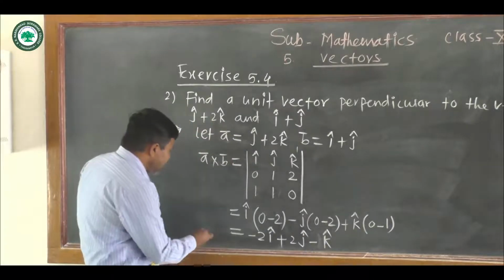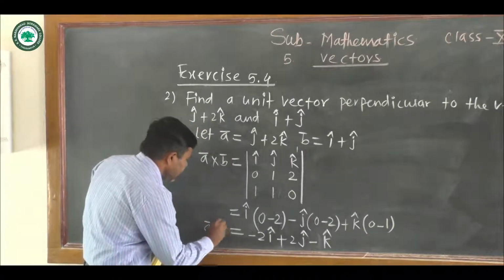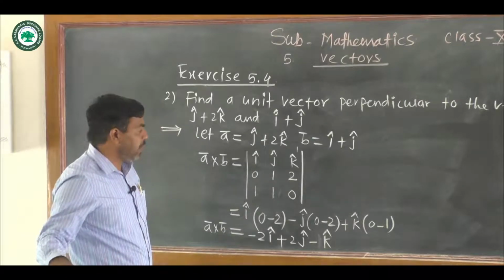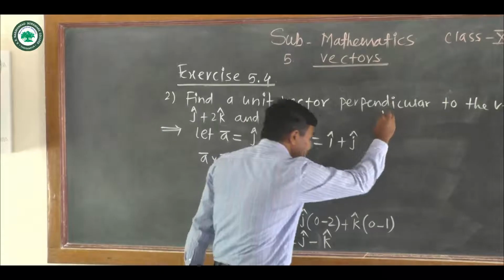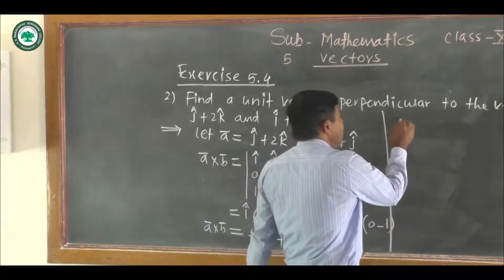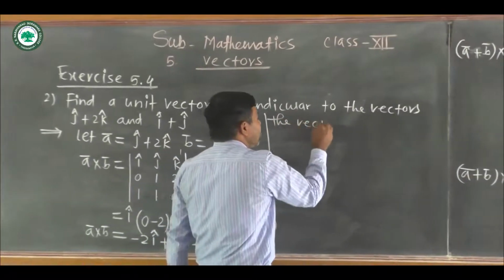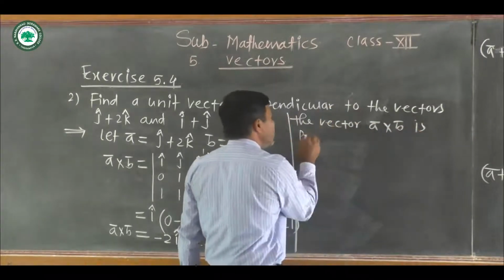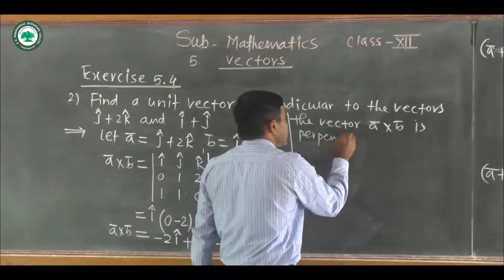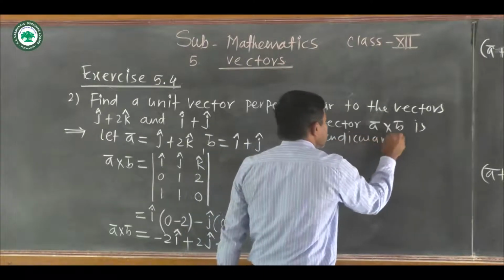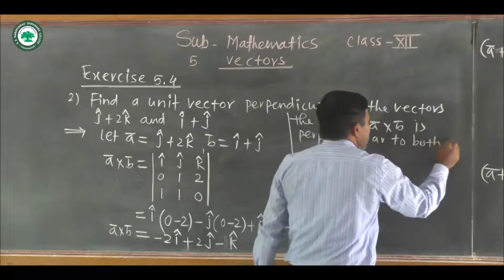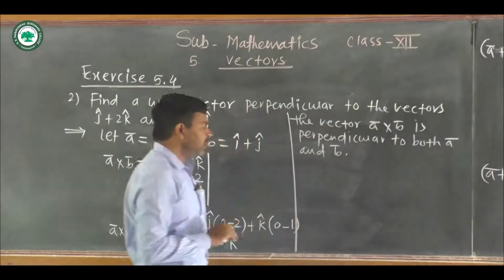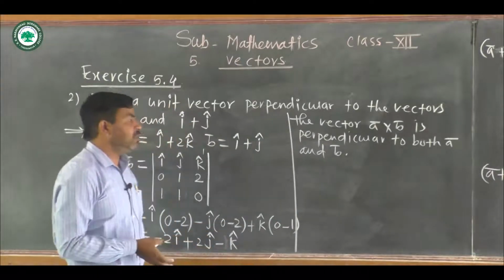So A bar cross B bar is minus 2 I cap plus 2 j cap minus k cap, and we know that A bar cross B bar is perpendicular to both A bar and B bar, and we have to find out the unit vector which is perpendicular to A bar and B bar.